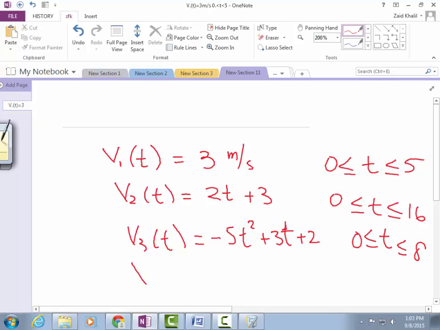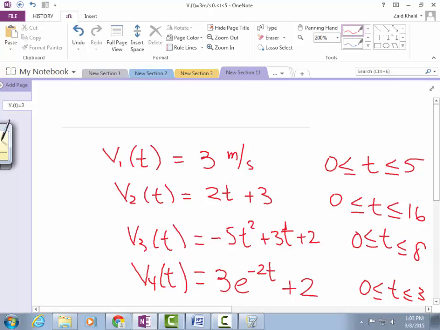And then I'll give you a crazy one: v4 is equal to 3e to the negative 2t plus 2, over 0 to 3.